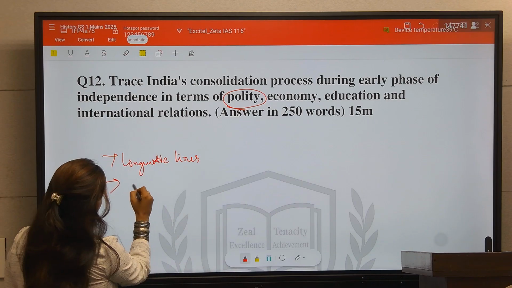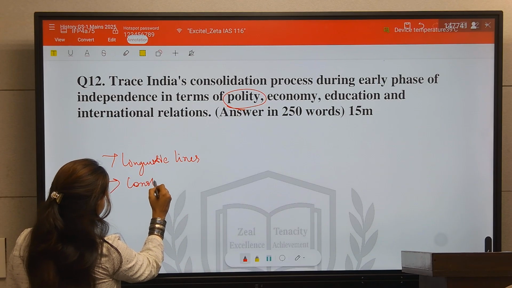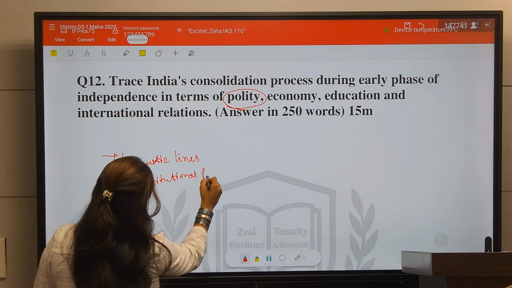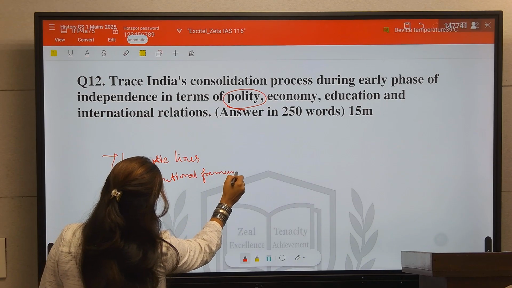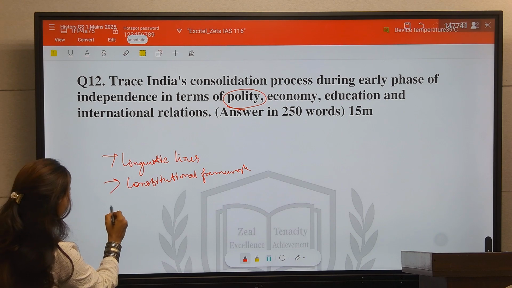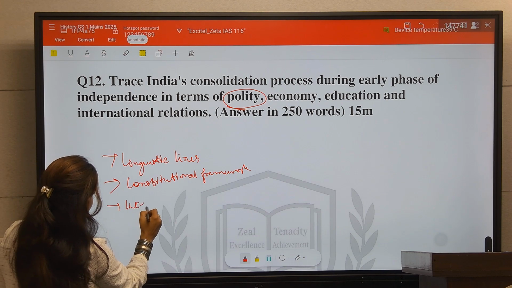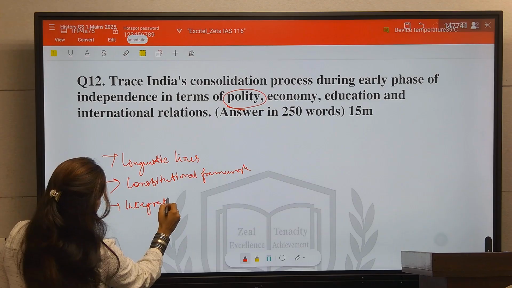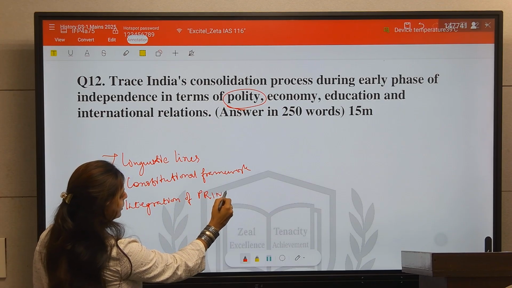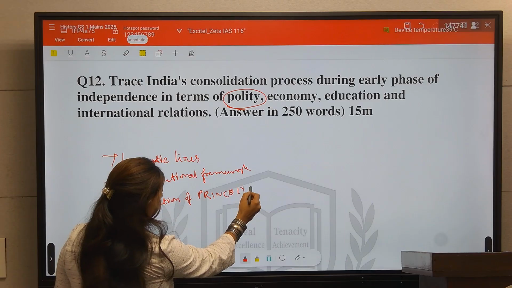And there was the constitutional framework, the integration of princely states. You can write all these points.